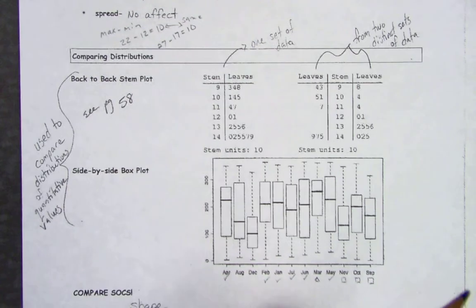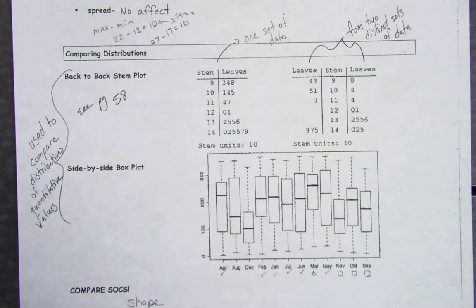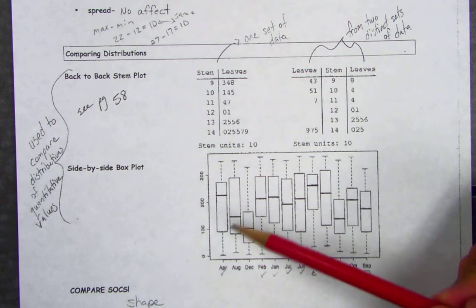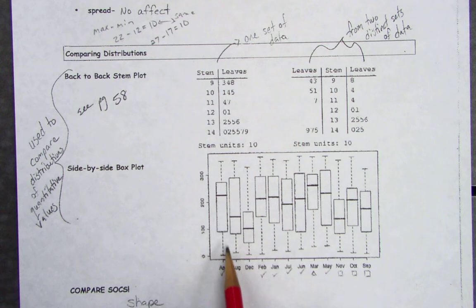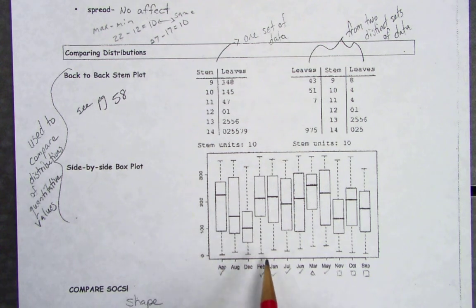And then comparing distributions. Back-to-back stem plots and side-to-side box plots are used to compare distributions of quantitative values. So what we have here is 12 different box plots. We've got a box plot for April, August, December, February, all of the months.